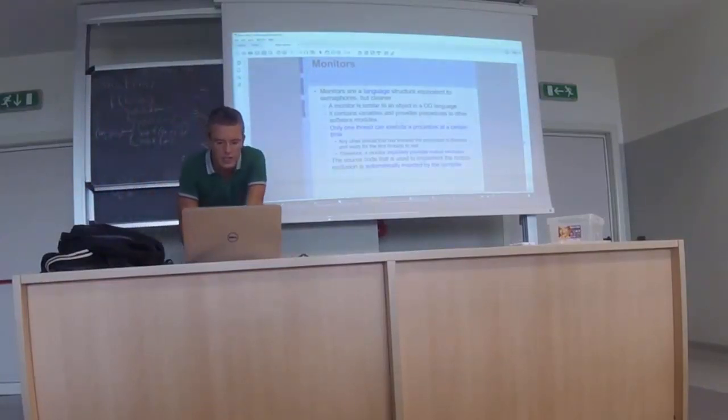So what does it do? It contains variables and provides procedures to other software, a monitor in an object-oriented language. For instance, in Java you do have it. So what does a monitor do? Only one thread can execute a procedure at a certain time, so mutual exclusion is guaranteed at procedure level.